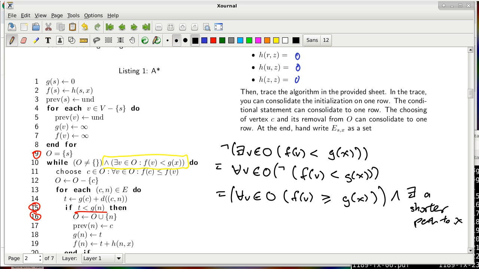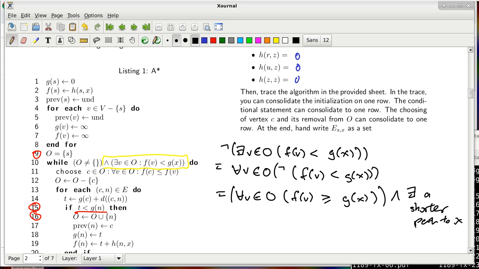Do you mean at the end of execution? Nope, this is during the execution. At some point of the execution, this condition becomes true, which means this condition is false, so we're getting out. But there is still a shorter path that we have not found yet. And now we have to find out why that is causing a contradiction.